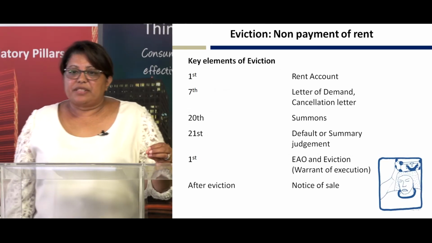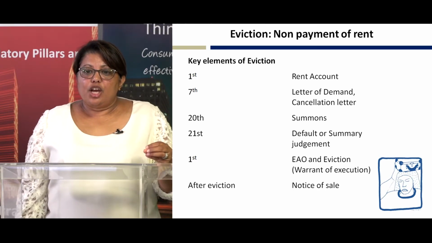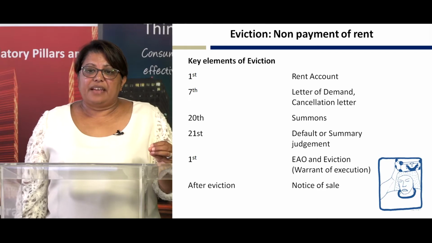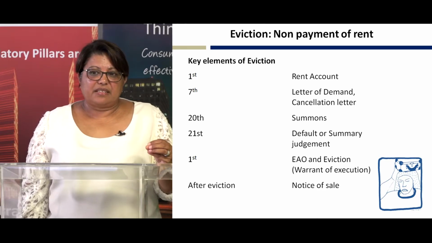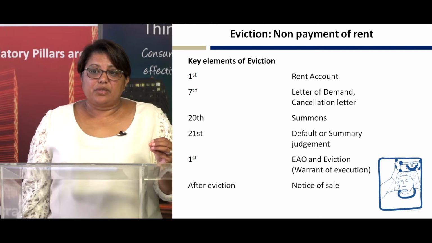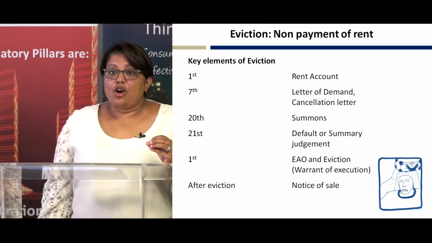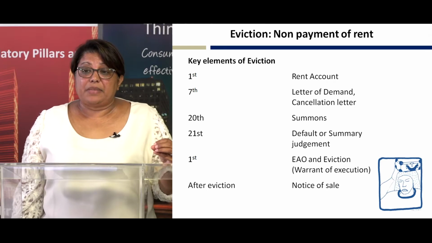If it's an eviction for non-payment of rent specifically, you could achieve that within 35 days. So on the 1st, you send out your rent account. On the 7th, you send out your letter of demand or a cancellation letter if you want to be as hard as that. On the 20th, you could get to a summons.